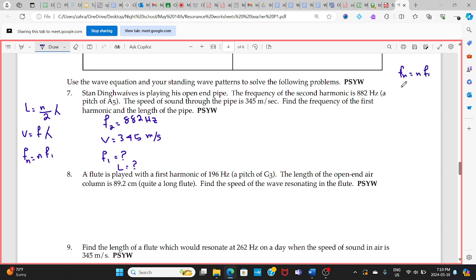If I know f of 2, which is 882, I can find f1 just by dividing that, right? It's 441 hertz.